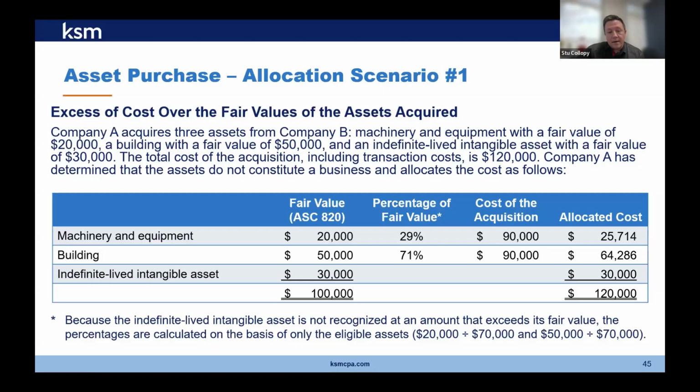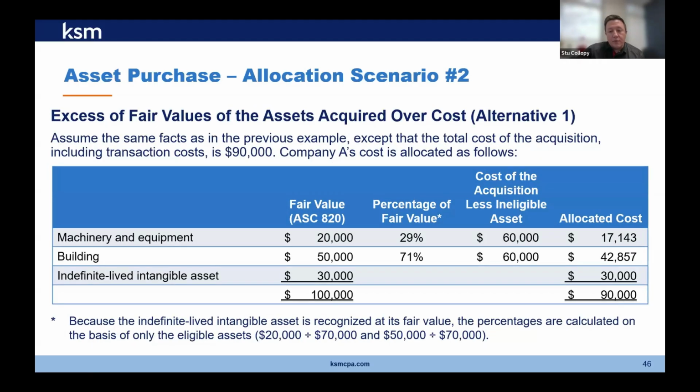So when you go to recalculate, you're only really looking at machinery and equipment and building. So for example, machinery and equipment ends up being 29% of the total cost of the acquisition because it's out of the 70,000 combined. So once you take the 29%, multiply it by the 90,000, then that's what you're going to write up the machinery and equipment, and you're going to write up the building too, which then gets you back to the final 120,000 that you purchased.